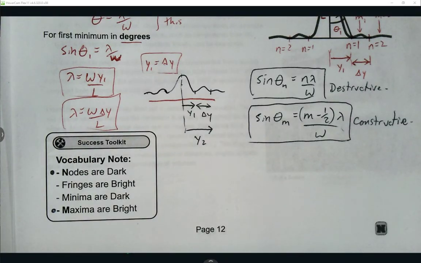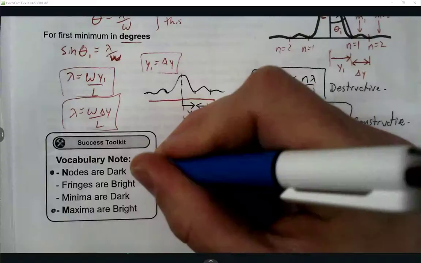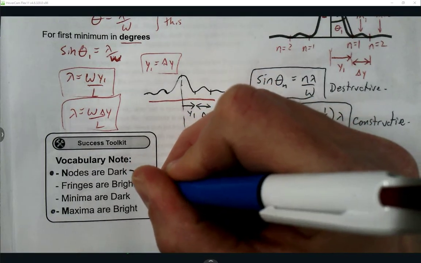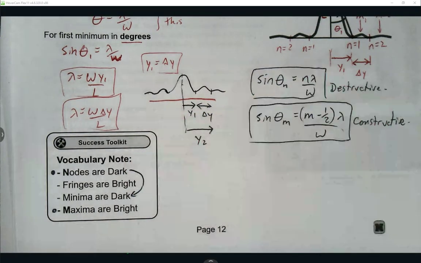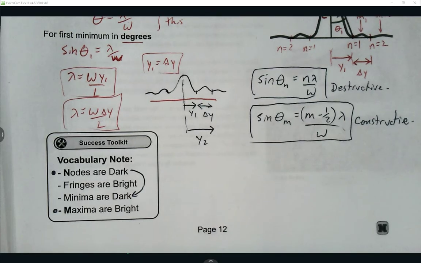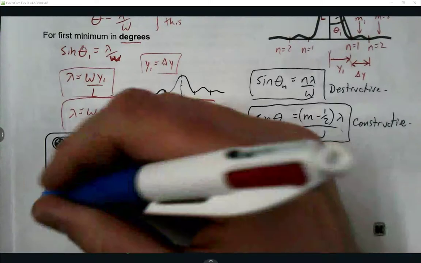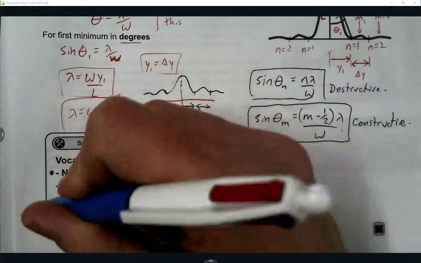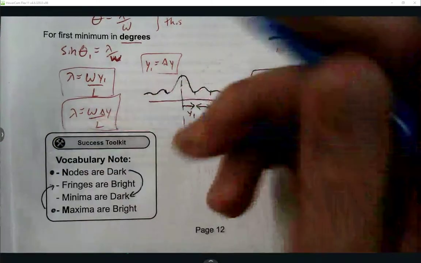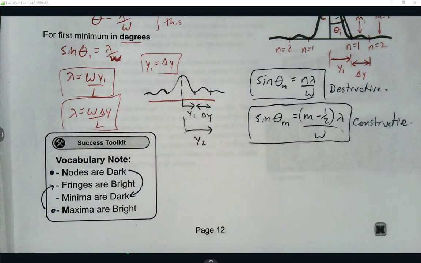When I talk about dark spots, people in textbooks will often talk about the minima. When I talk about bright spots, people in textbooks will often talk about fringes. Okay, so we have bright fringes, we have dark nodes or dark minima. And basically that amounts to being bright stripes and dark stripes being projected onto a screen.